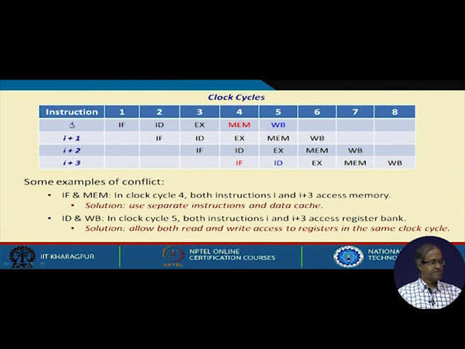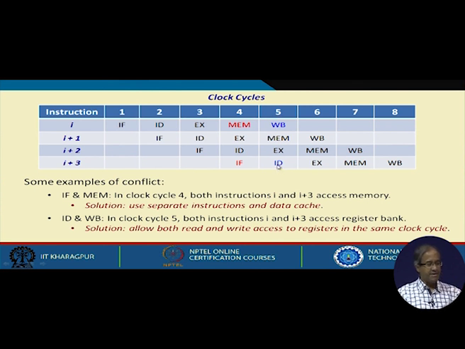Similarly, there is another conflict here. Suppose the first instruction is a register type of instruction, let us say add. After everything is done, it will be writing the result into the register in the WB phase. Now, if we recall the micro operations that we have seen earlier for the different stages, you will remember that in the ID phase the register operands are prefetched.